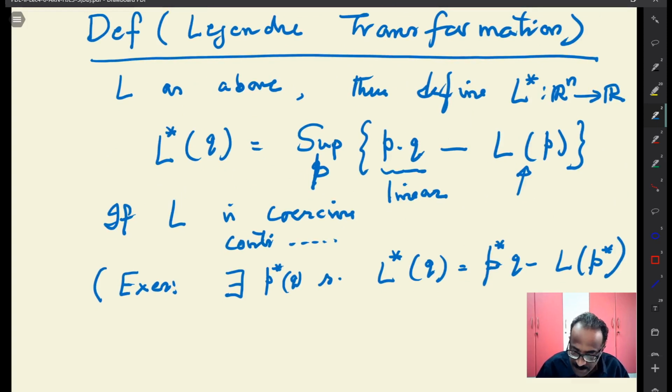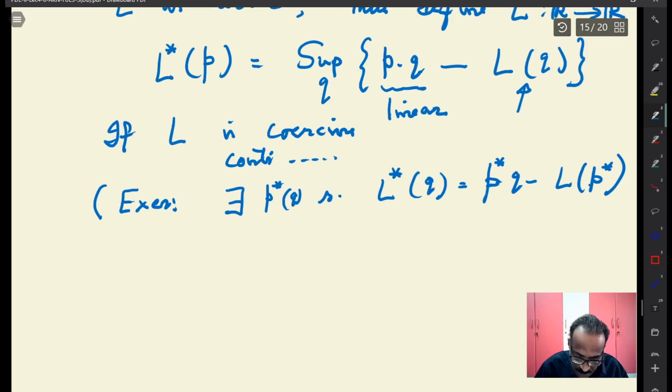Sorry, I made a mistake here, because for L I am using the dual variable. So let me use the P variable here, and this is the Q variable here. So for L we are using Q. It's the same thing, but I want to use the variable. So in this case, I use Q star.